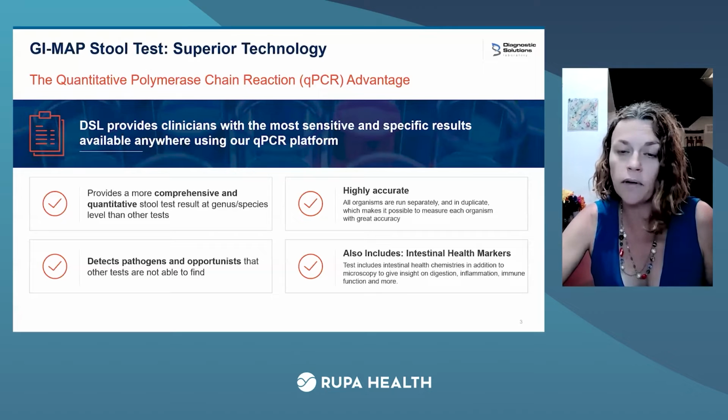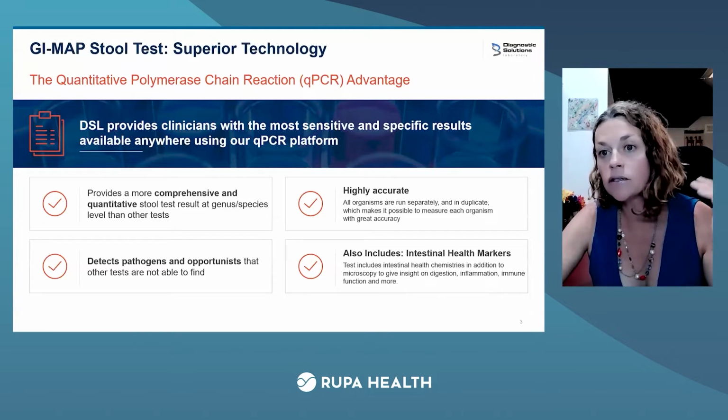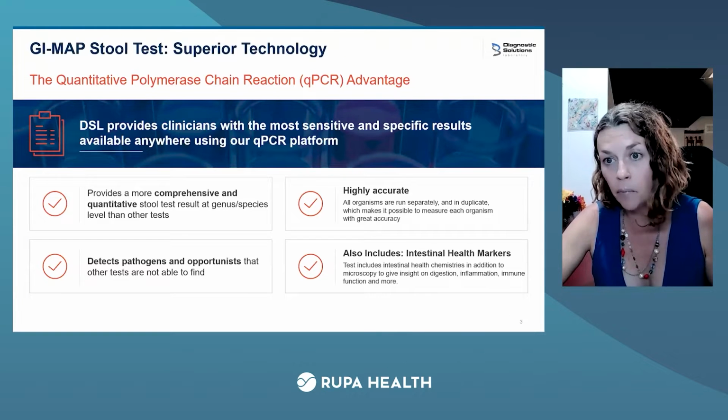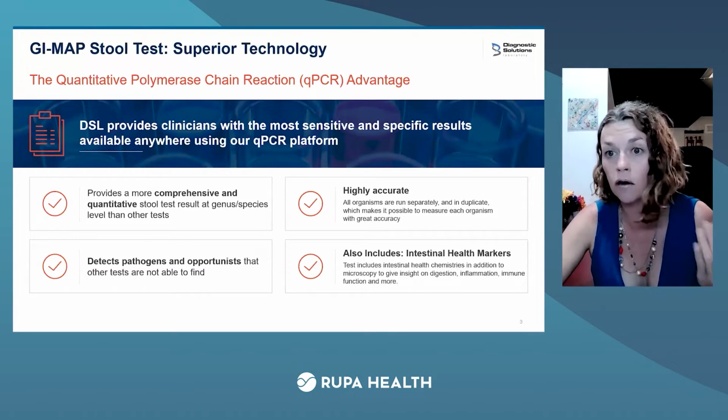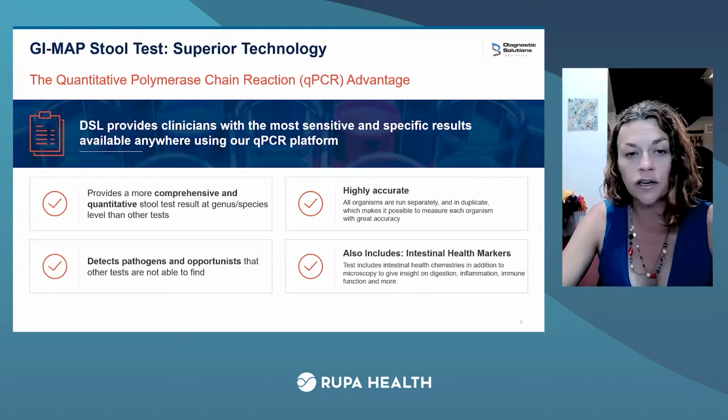I will also add that the GI map includes not only microbial analysis of pathogens, commensals, opportunists, parasites, yeast, etc., but we also include intestinal health proteins, which are critical to interpretation and analysis. So we put all those results together and we come up with a comprehensive evaluation and plan.